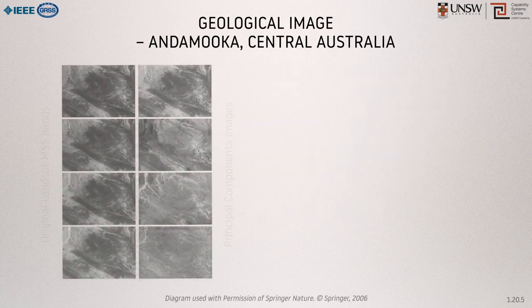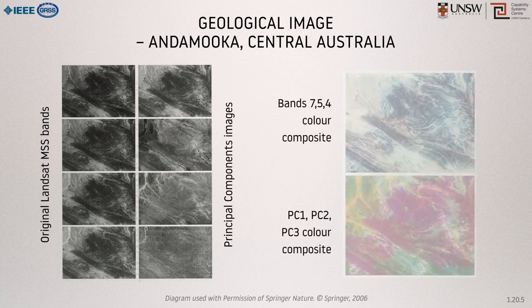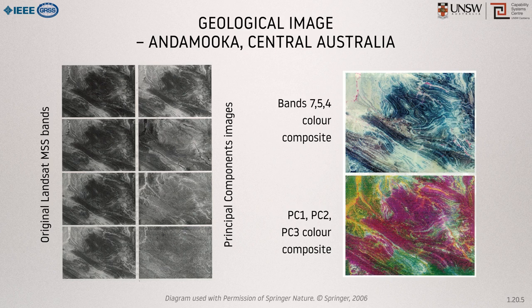The images down the left-hand side of this slide are the four Landsat multispectral scanner bands of a region called Andamooka near central Australia. The standard colour composite, formed by displaying the second near-infrared band as red, the red band as green and the green band as blue, is shown on the upper right-hand side of the slide.